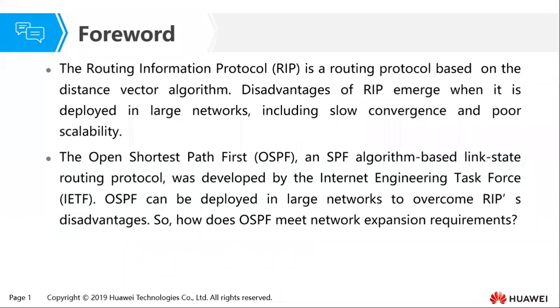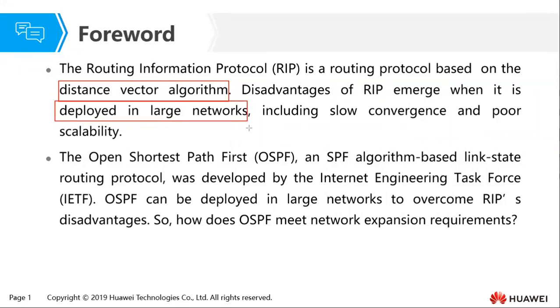So I'll read the forward. The Routing Information Protocol, RIP, is a routing protocol that is based on the distance vector algorithm. The disadvantages of RIP emerge when it is deployed on large networks. Why?